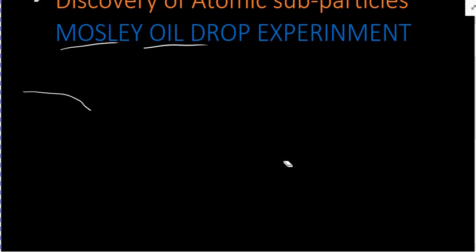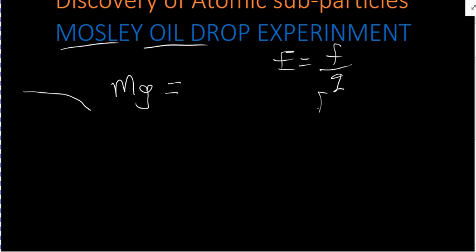We know that weight, as a result of gravity, is given by mg, right? And the force due to electric field, as you know in physics, is given as force per unit charge. So the force due to electric field is going to be equal to the electric field multiplied by the charge, and of course this charge is the charge of the electron.